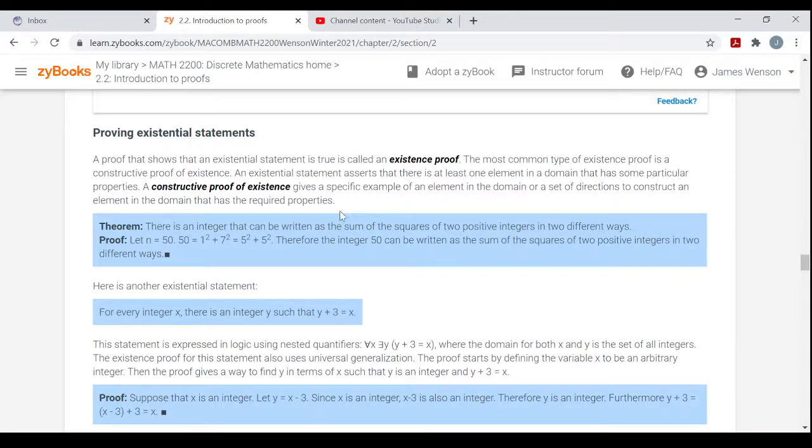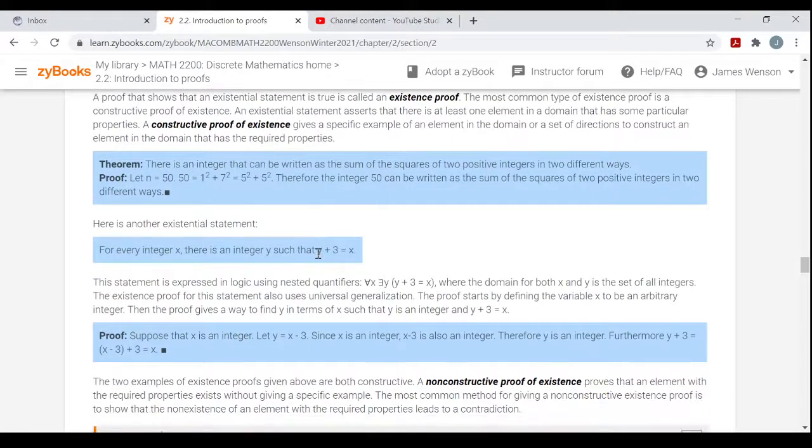All right. So they give you an example here of a constructive proof of existence, where to show that an existential statement is true, you only need to find one value in the domain that makes it true. So these constructive proofs just show you how they actually find that value in the domain.